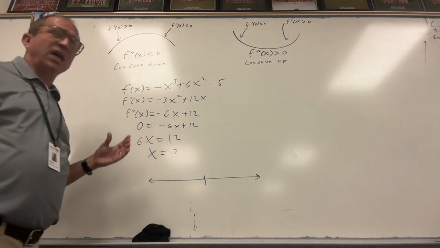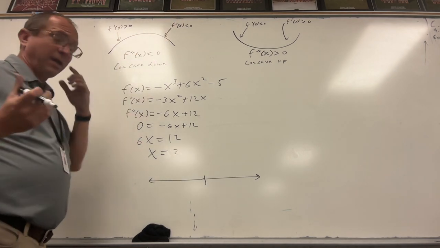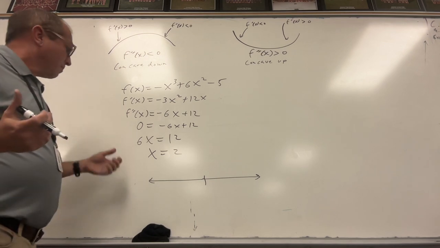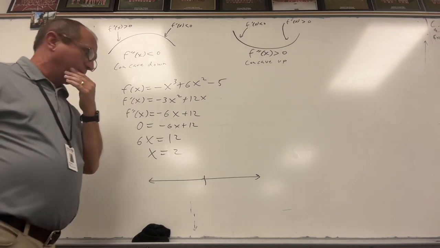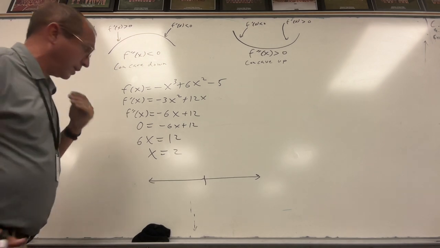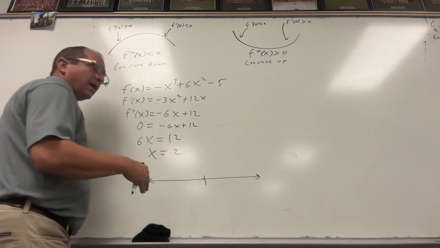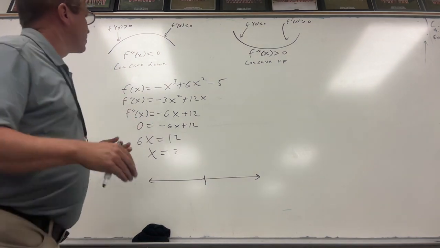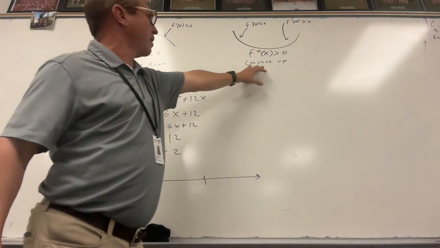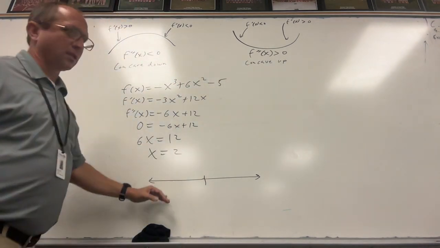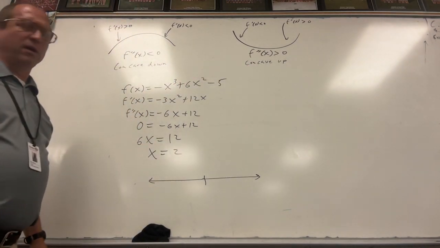We didn't have to change increasing to decreasing, or likewise decreasing to increasing for it to be a critical number. But for a point of inflection, which is what we're dealing with here, this value has to be in the domain, and we have to change from being concave down to concave up, or we change from concave up to concave down at this point in order for it to be a point of inflection.